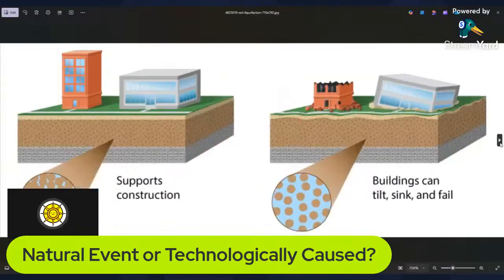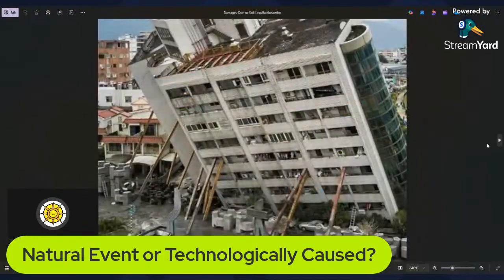And again, this is a very well documented modern scientific process that has an explanation to it. So the soil supports the construction. Then after the event occurs, just earthquakes, right? Buildings can tilt, sink, and fail. That doesn't really happen. Oh, no, it does happen. There are many documented and very recent examples of this happening.